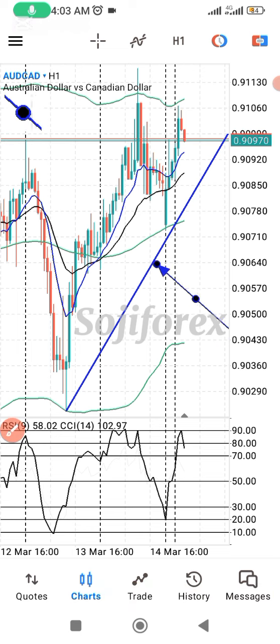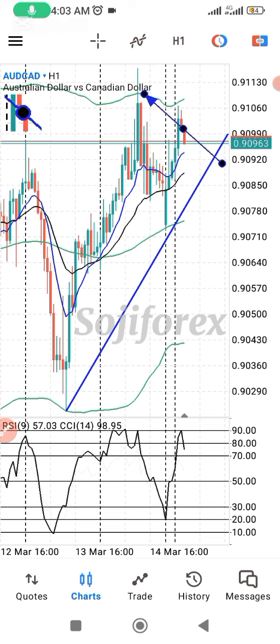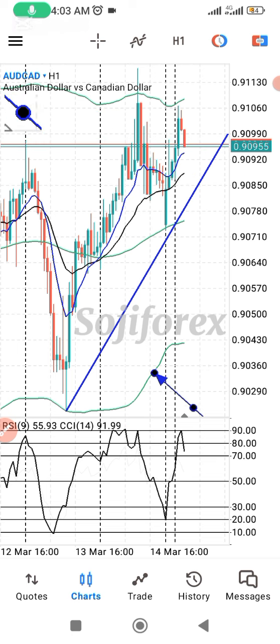So what is the next thing? The next thing for us to do is that our high probability trade must be in one of these zones. Remember, I told you earlier that our probability trade should happen around the upper Bollinger Band, middle Bollinger Band, moving average, or the lower Bollinger Band.